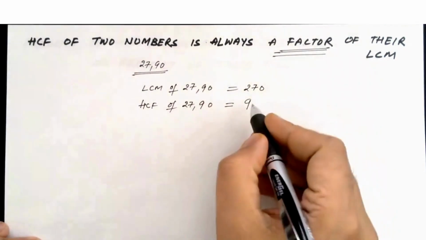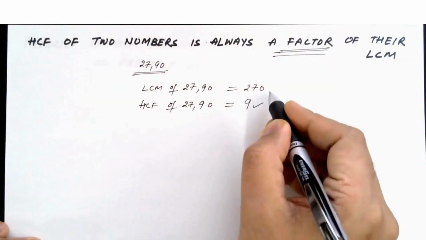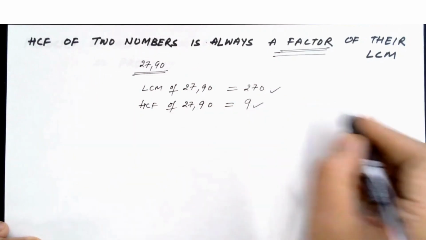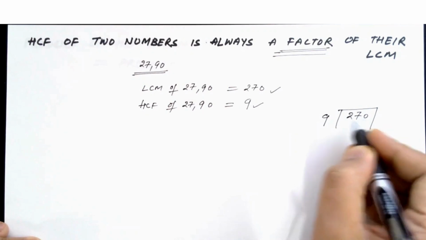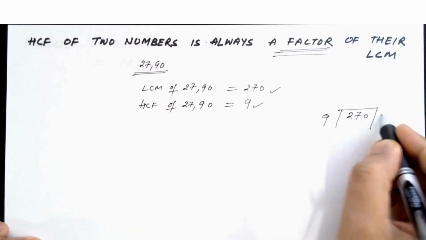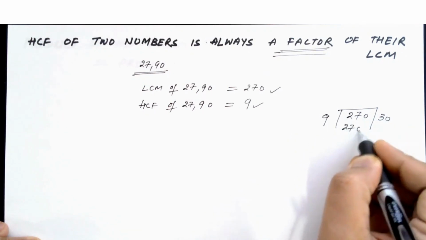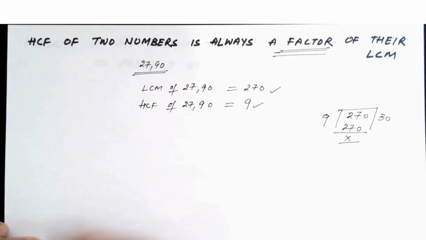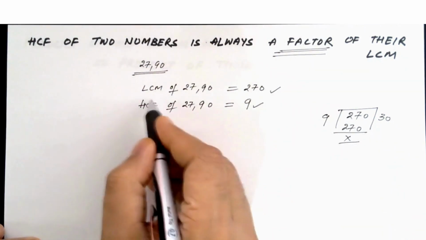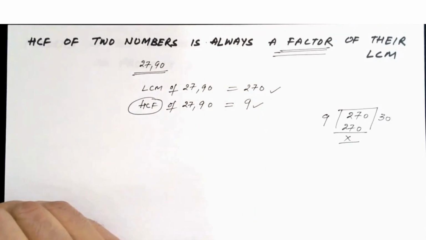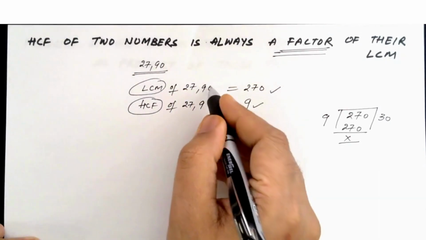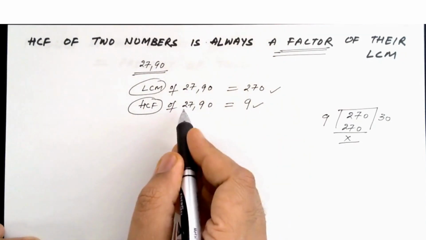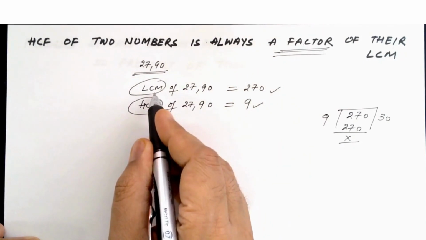And now you can see this 9 can divide 270. For example, if we divide 270 by 9, you see here, so basically you got the point that the HCF of any two numbers can divide their LCM, or in other words we can say the HCF of two numbers is always a factor of their LCM.